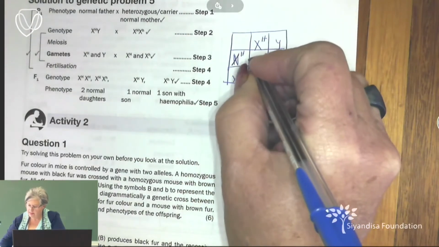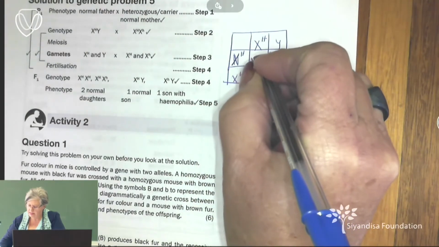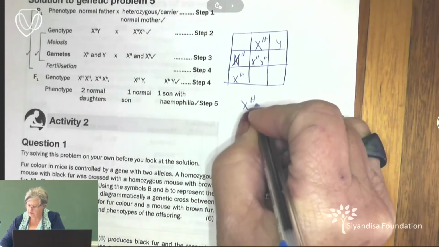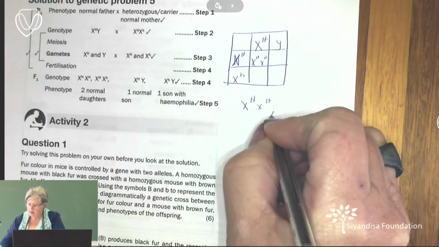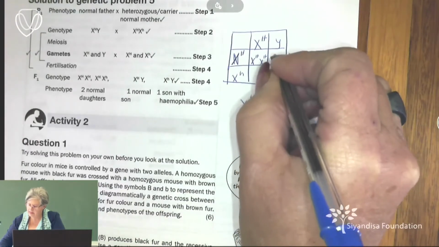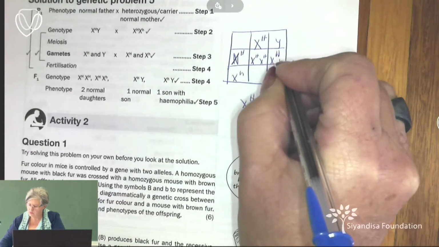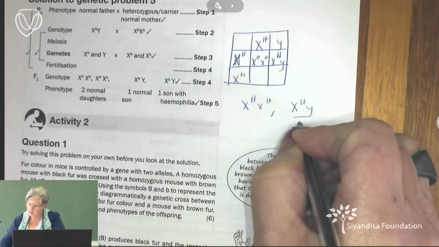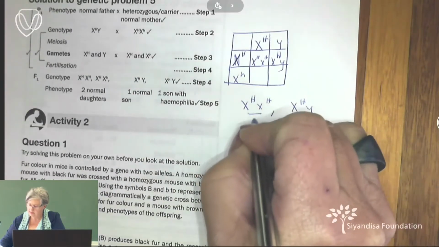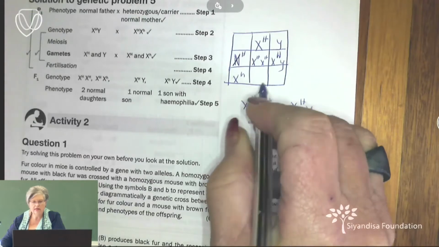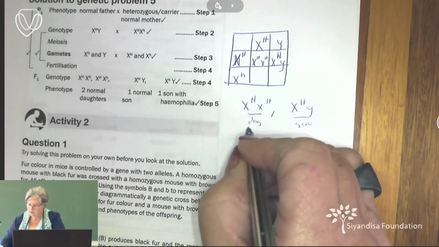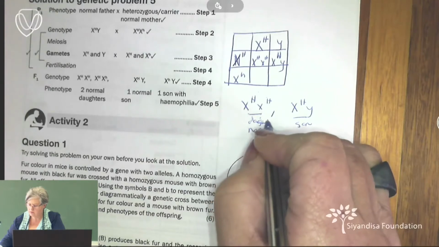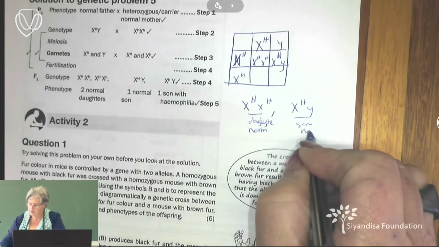So let's see what happens. I get X big H, X big H. So this is one of my children. And I get X big H, Y. So this is a daughter, and this is a son. Because they have big H, we say they are normal. It's a normal daughter, and it's a normal son.